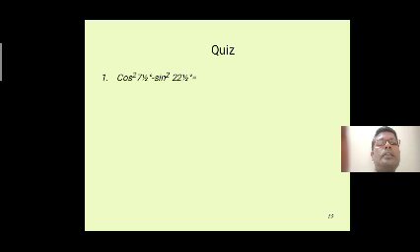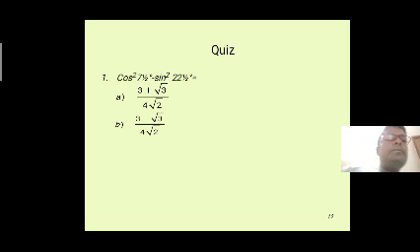The first question: cos square 7 and half minus sin square 22 and half is equal to: option A, 3 plus root 3 by 4 root 2; option B, 3 minus root 3 by 4 root 2; option C, root 3 by 2; option D, 1 by 2.